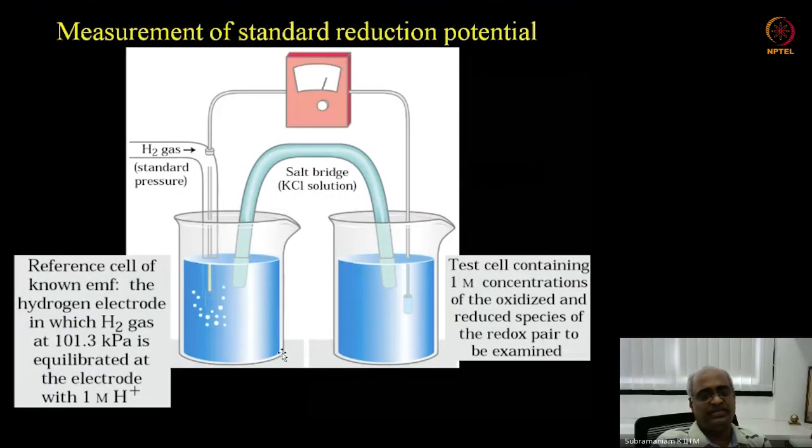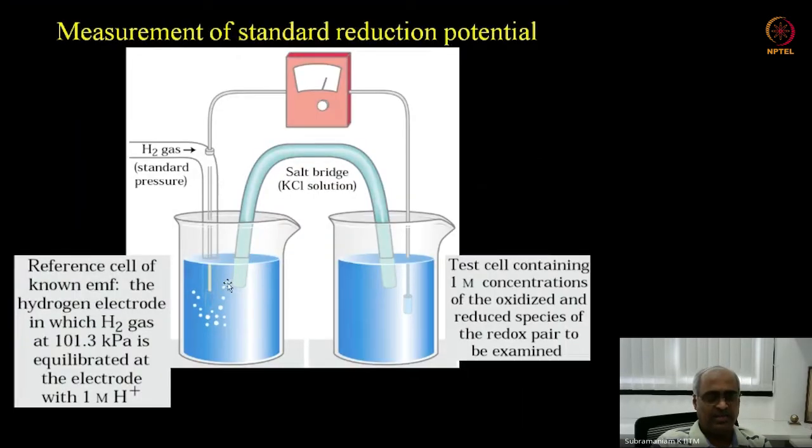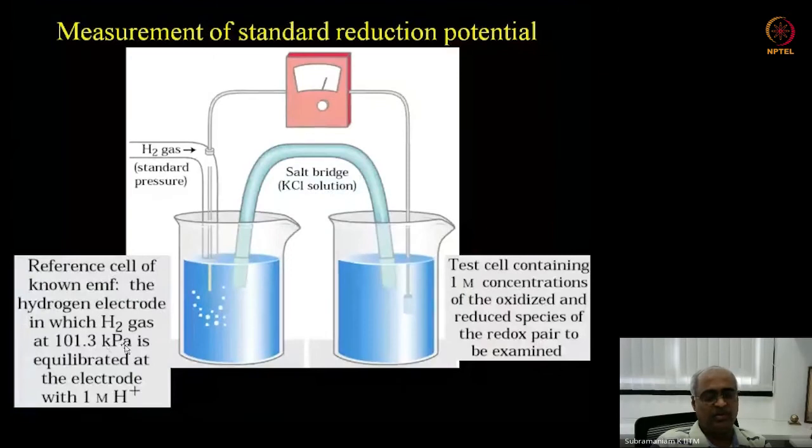Now, for example, if I take another redox pair and use this hydrogen reaction in the other one that is connected by a wire, the salt bridge allows for exchange of the ions between the two. To have the standard reduction potential when it is gas, you have 101.3 kilopascals.